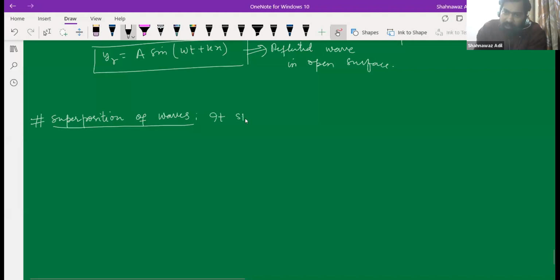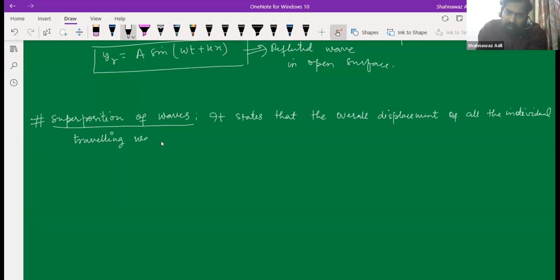It states that the overall displacement of all the individual traveling waves would be the linear or algebraic sum of the individual waves.